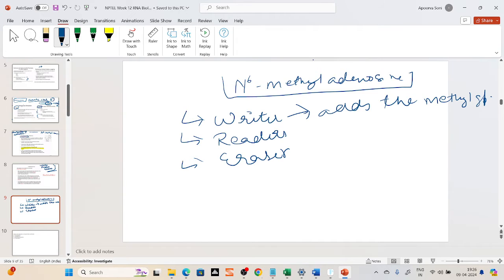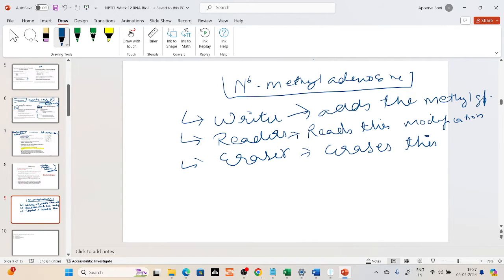It is doing the work, it is writing, it is adding the methyl group. Reader means that reads this modification, reads the methyl group. And eraser means that erases this modification.